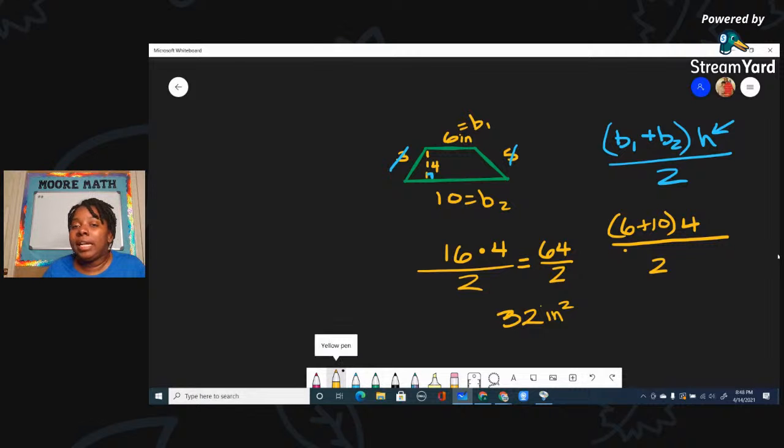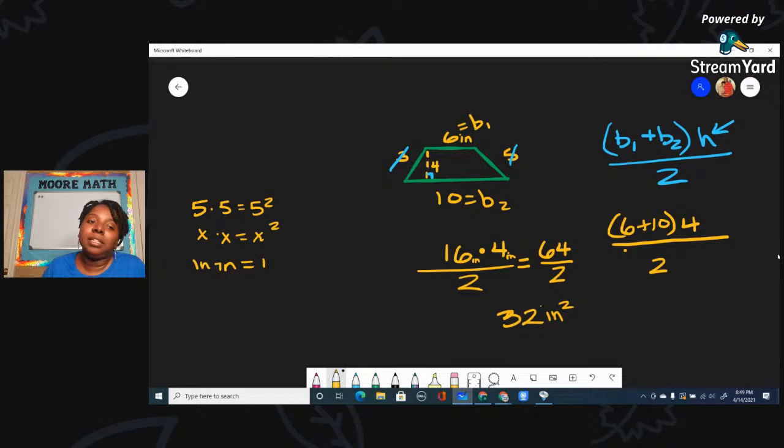Why do we say inches squared? Because here you would do inches times inches, right? So 5 times 5 is 5 squared, x times x is x squared. Inches times inches equals inches squared. That's where they got that from. So it is 32 inches squared.